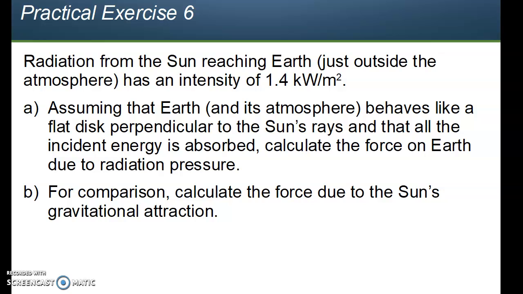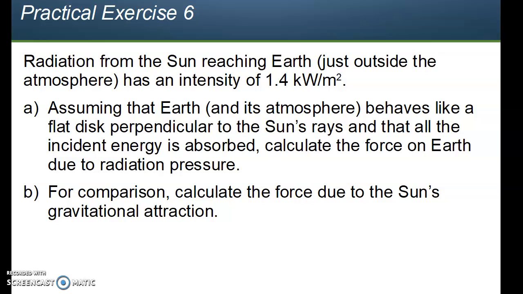Now the equation that we need to use there is the same intensity, force of radiation is that PR, the pressure, times pi, the radius of the Earth, squared, right? So it's going to be the intensity divided by the speed of light times pi, the radius of the Earth, squared, okay?